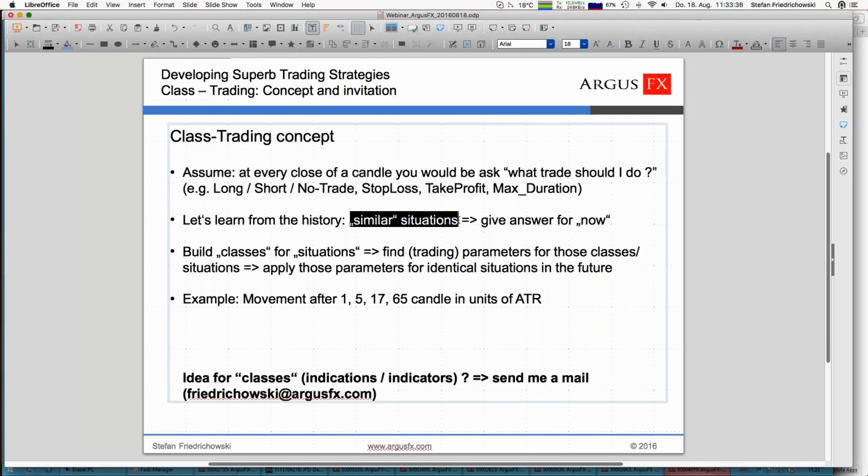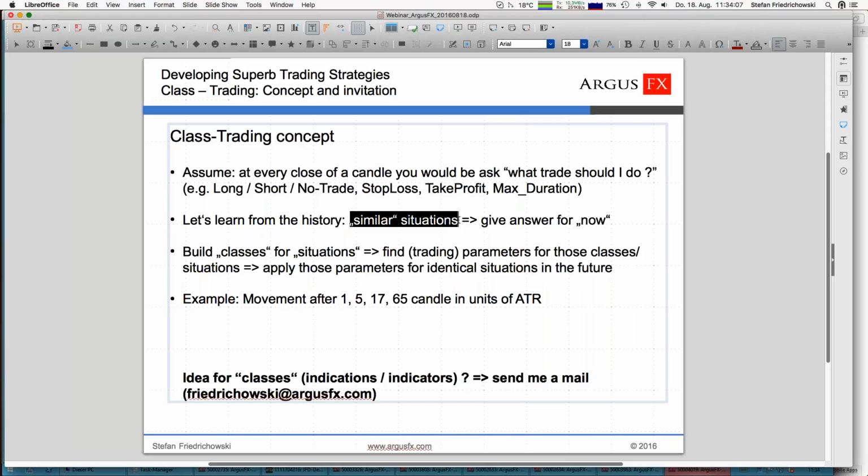If we have those classes, then we can do our optimization for every class, because all those situations have been similar, and now we try to answer the question, what is a good trade for that specific situation? And this answer we can get from the history.